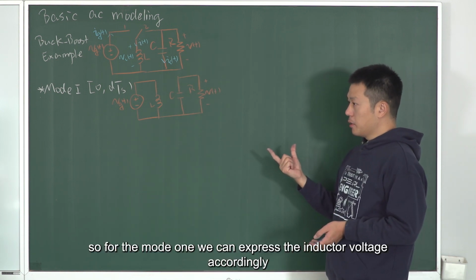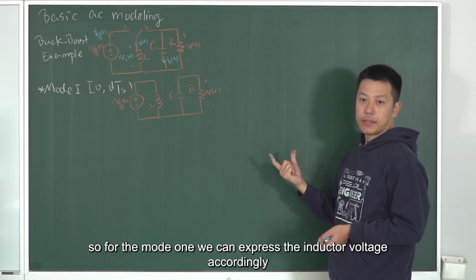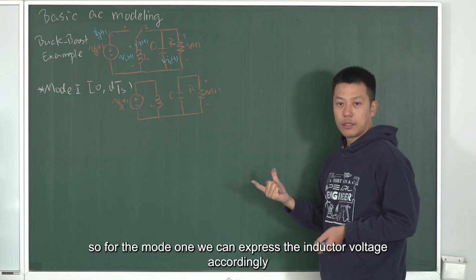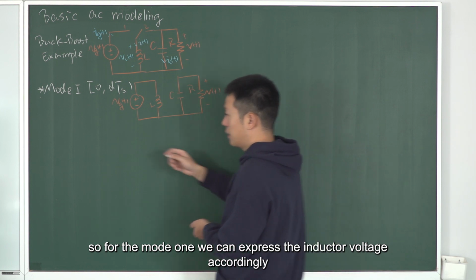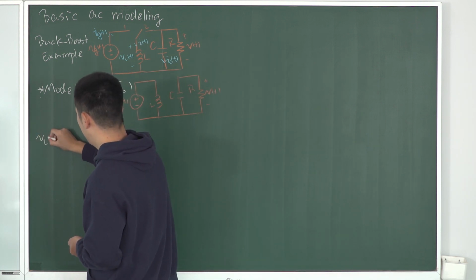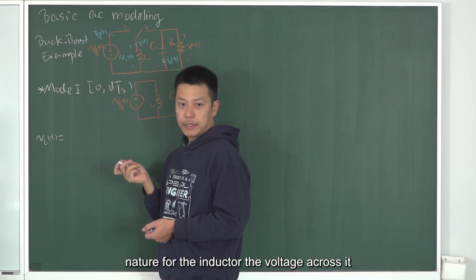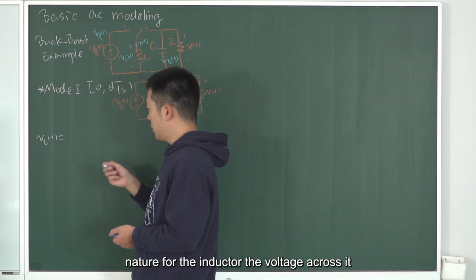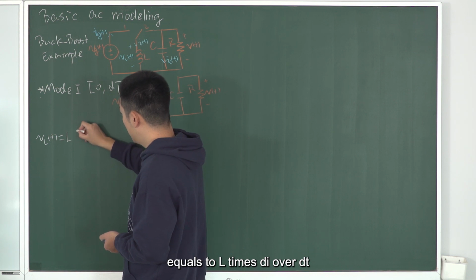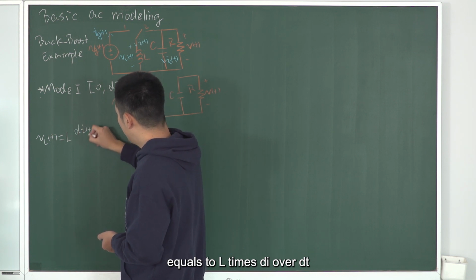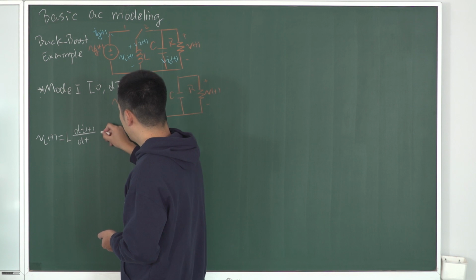For mode 1, we can express the inductor voltage accordingly, vL(t). First, based on the nature of the inductor, the voltage across it equals L times di over dt.